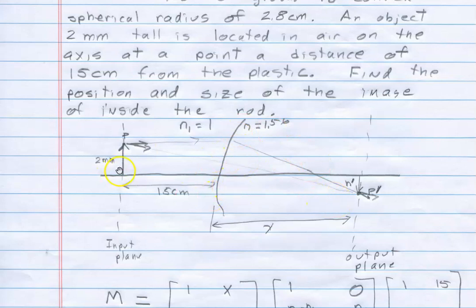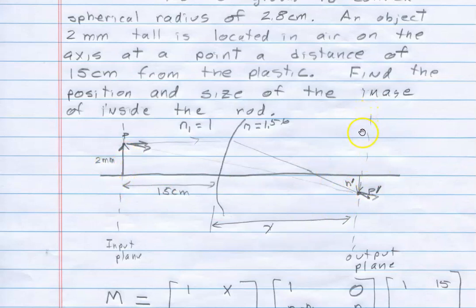A few finer points. Generally, in these problems that involve finding where an image is cast for a given object, you put the input plane right on the object. This is an object that's an arrow of height 2 millimeters.